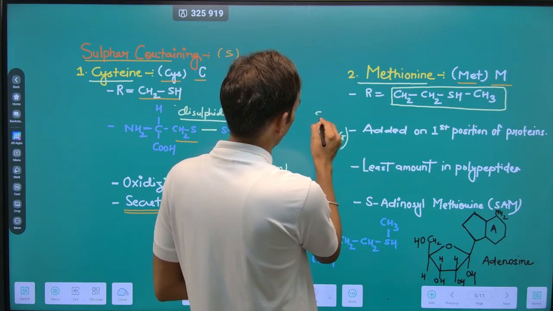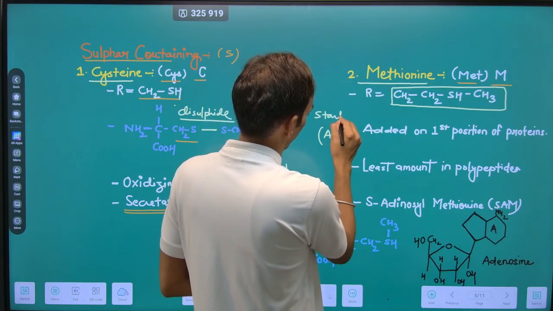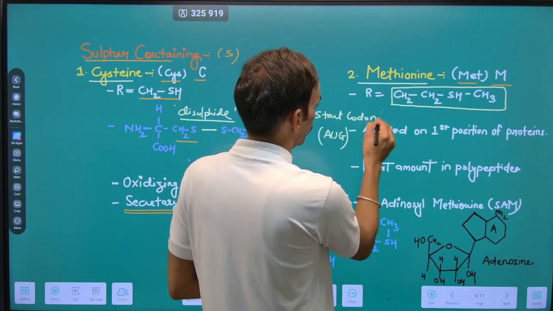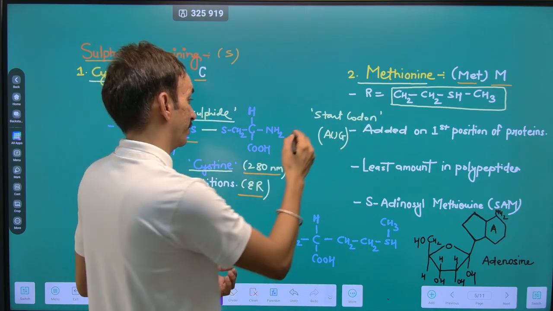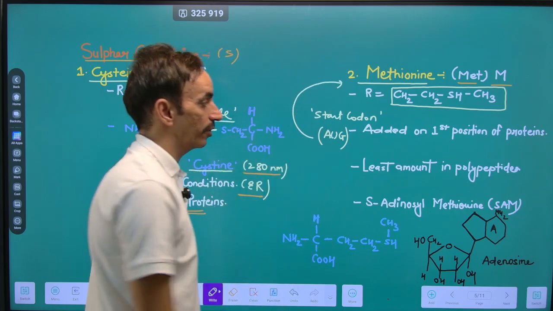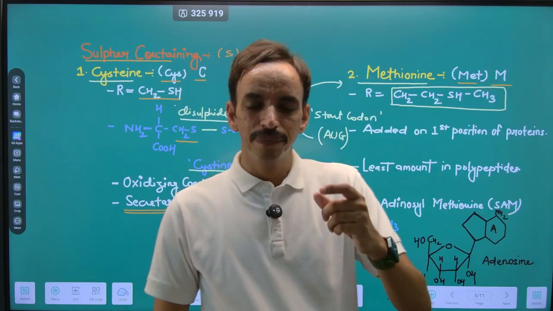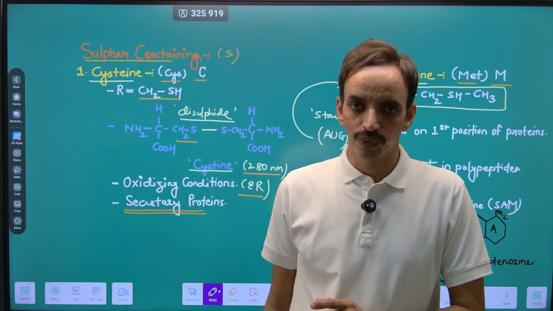The start codon is AUG. This start codon encodes for the methionine, but it generally remains present in least amount within the proteins.